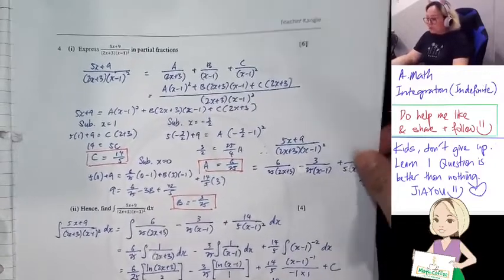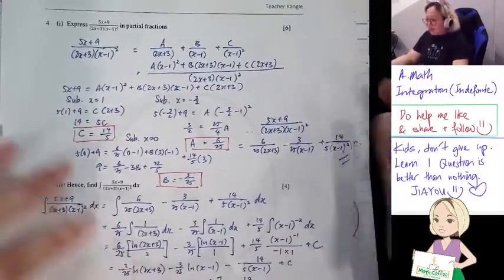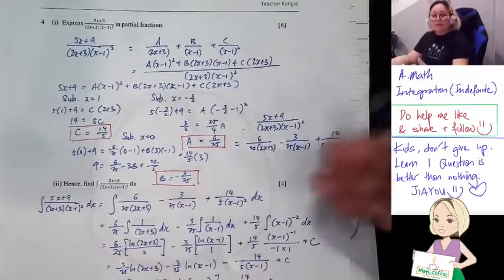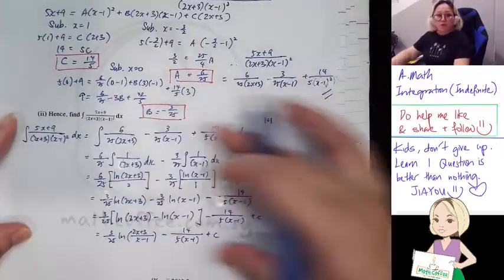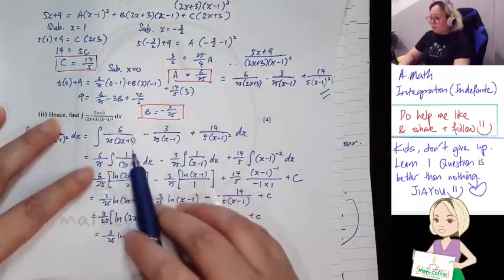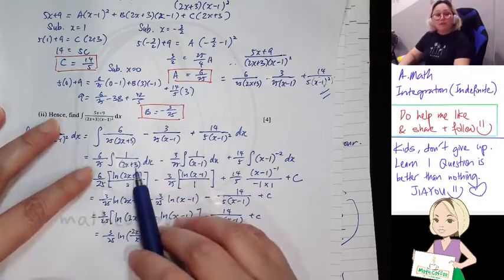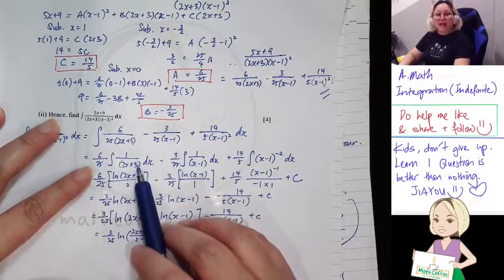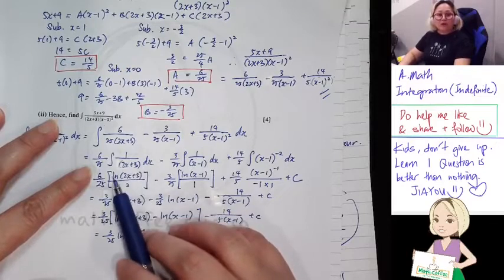I cannot explain everything again, but I will just roughly talk about this side. When I want to integrate 1 over 2x plus 3, because this is to the power of negative 1, when you integrate, it is ln.